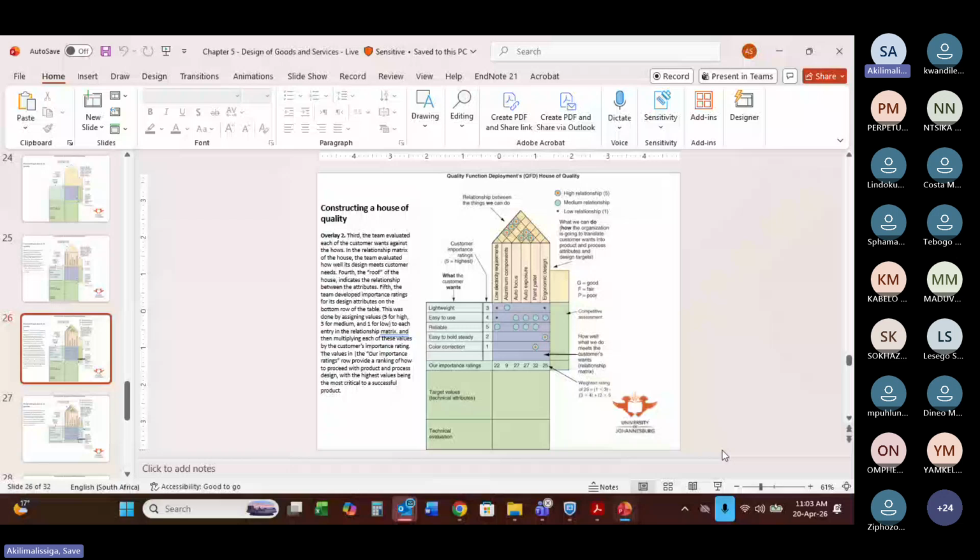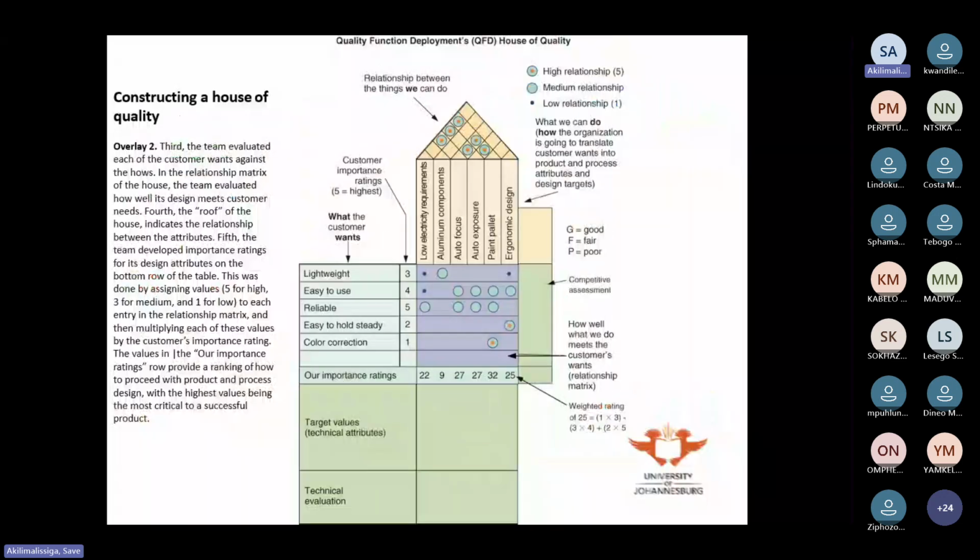All right, so where was I? Yeah, I was talking about the relationship matrix here. This is where you're going to establish the relationships between the attribute here and the customer one.